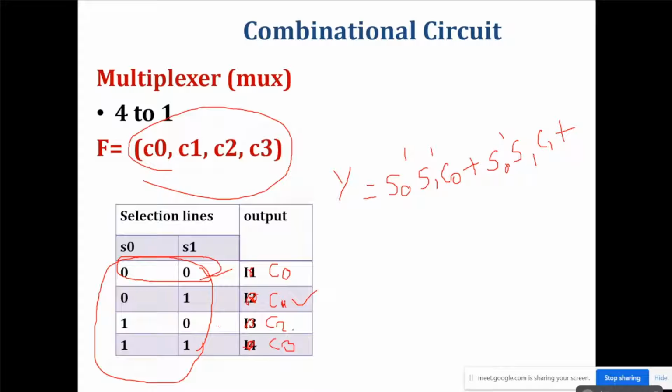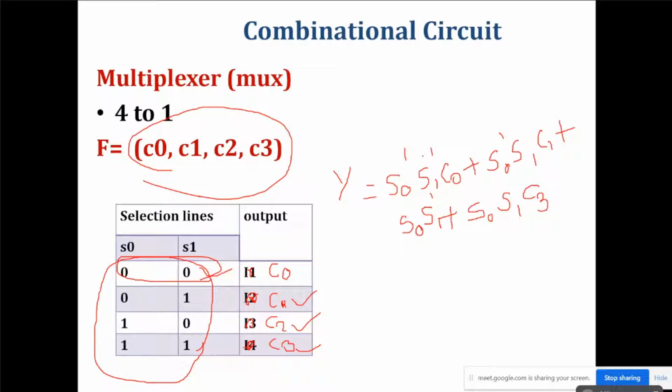Here the combination is 0 1, so for C1 it is S0 dash S1. Plus, for C2 the combination is 1 0, it means S0 S1 dash C2. Plus, for the next input it is 1 1, which will be S0 S1 C3.